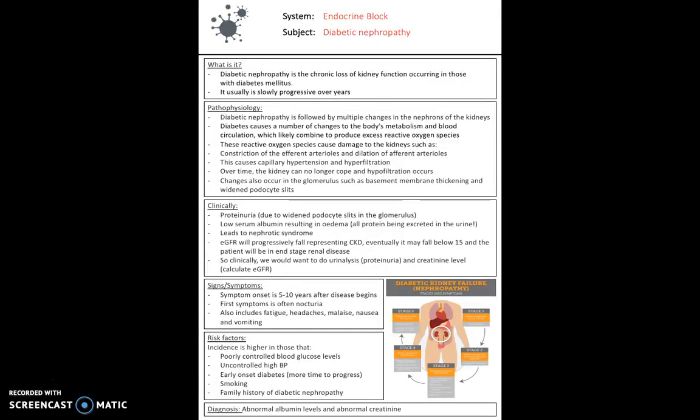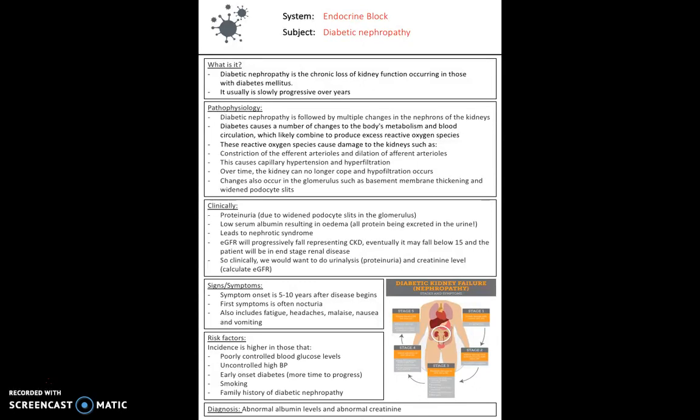So diabetic nephropathy now, so this is a chronic loss of kidney function occurring in those with diabetes, and it is very slowly progressive. It's very much linked to CKD, so if you understand the concept of CKD, you can kind of understand this as well. So diabetic nephropathy is as a result of multiple metabolic changes that diabetes causes within the body, leading to a release of excess reactive oxygen species.